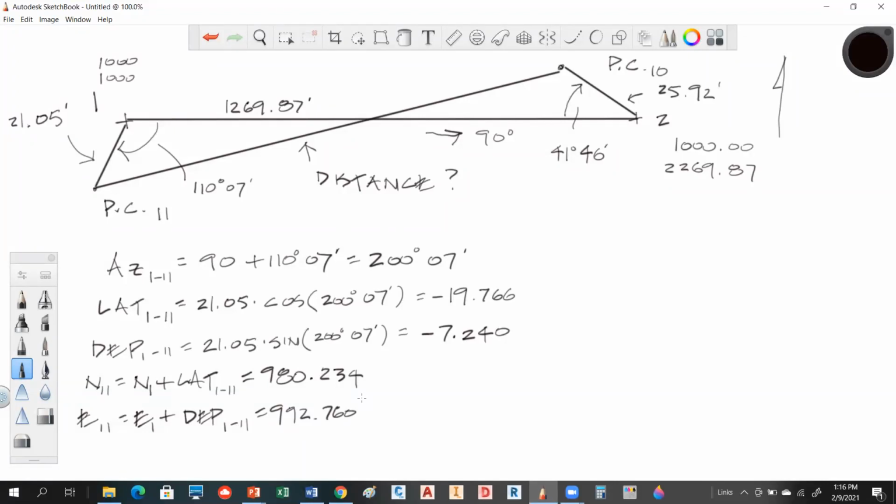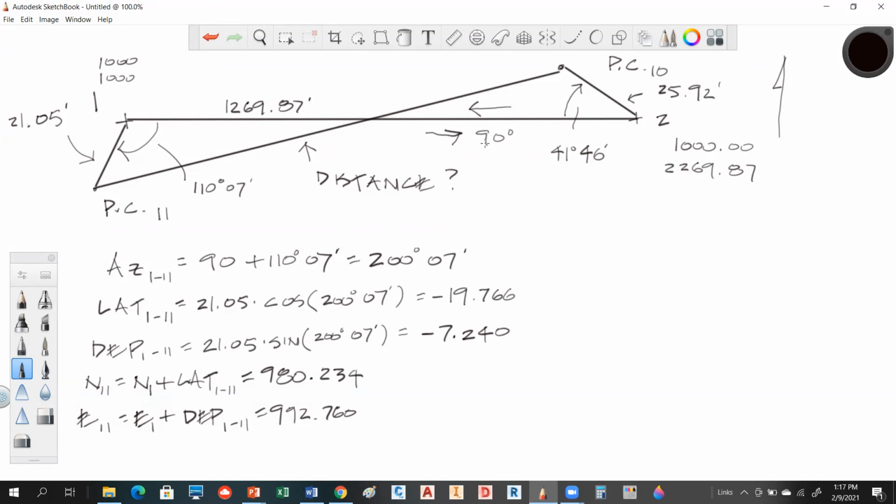All right, so we're going to do the same thing up here now. What is my azimuth from 2 to 1 now? It's going this way now. What happens to this guy?